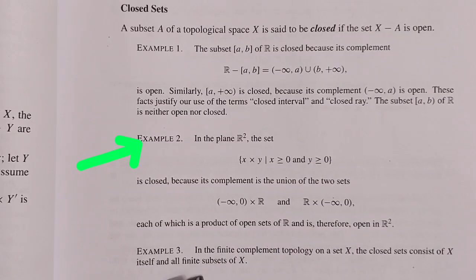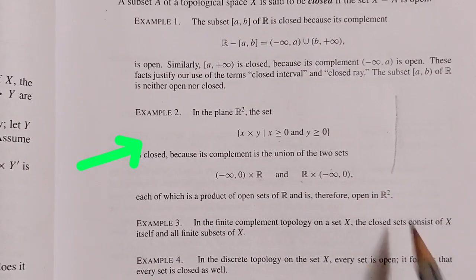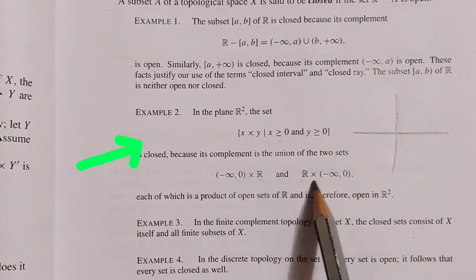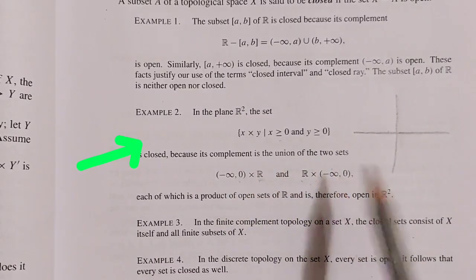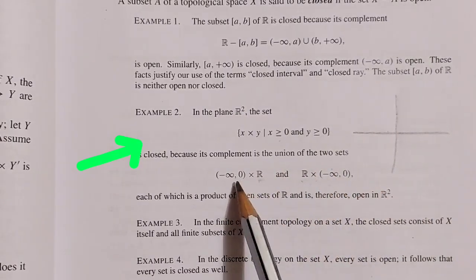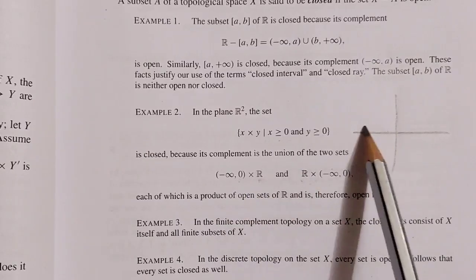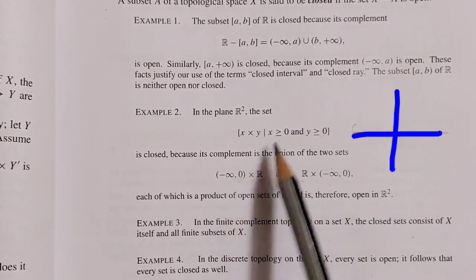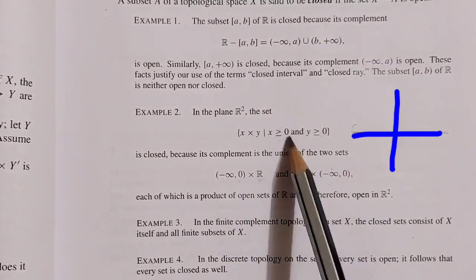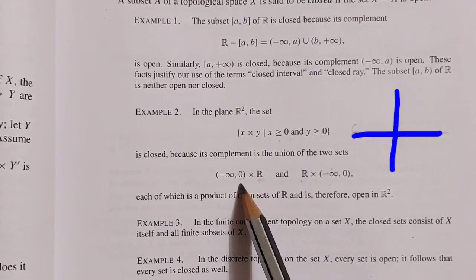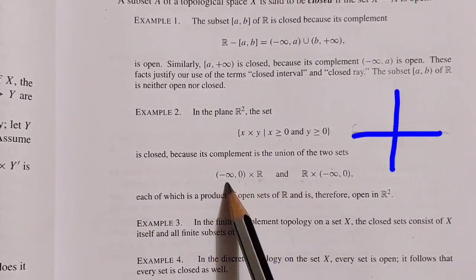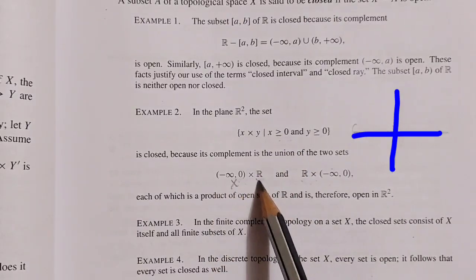Going to the next example, I can just draw these two things, because for the complement you have to know where it lies. Here, minus infinity to 0, you should not take closed 0, because 0 is already taken in the set. We are taking only the complement, so 0 should not be included. This is my x-axis and this is my y-axis.